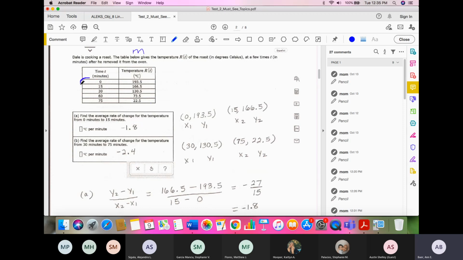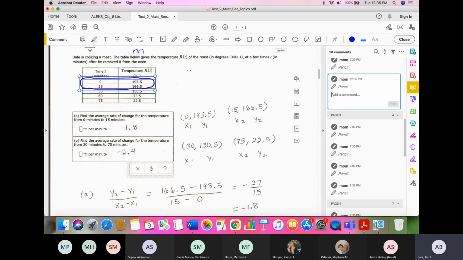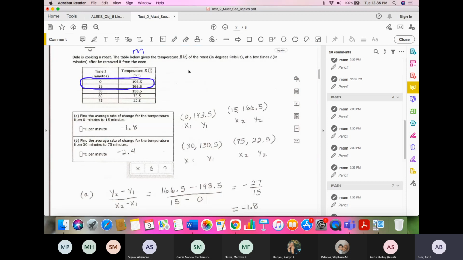So we are going to focus on these two ordered pairs. 0 is right here in the minutes column, and 15 is right here in the minutes column.